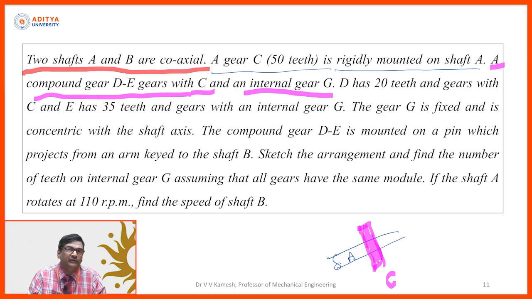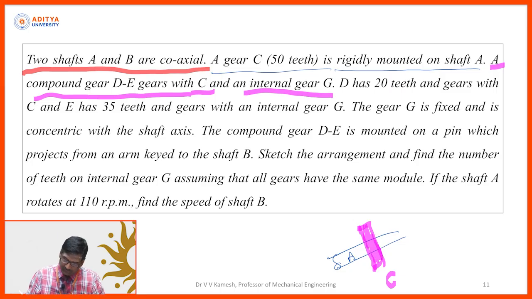DE means another shaft is to be there, I am having two gears, gear D, gear E. One of the gears, either D or E, we do not know at this point.